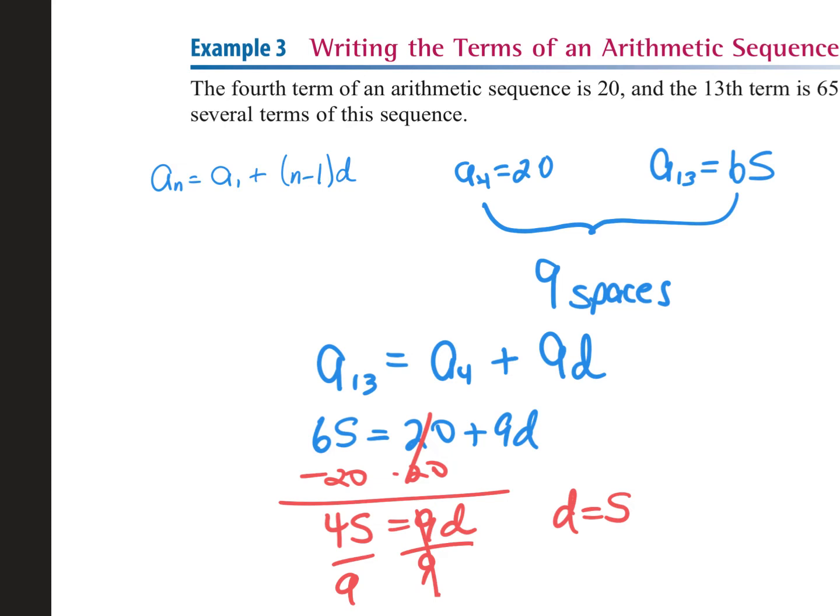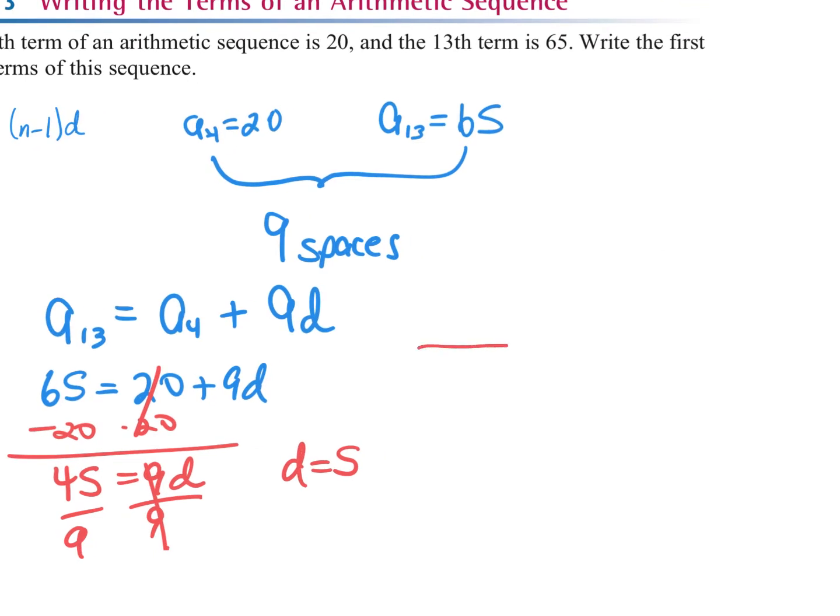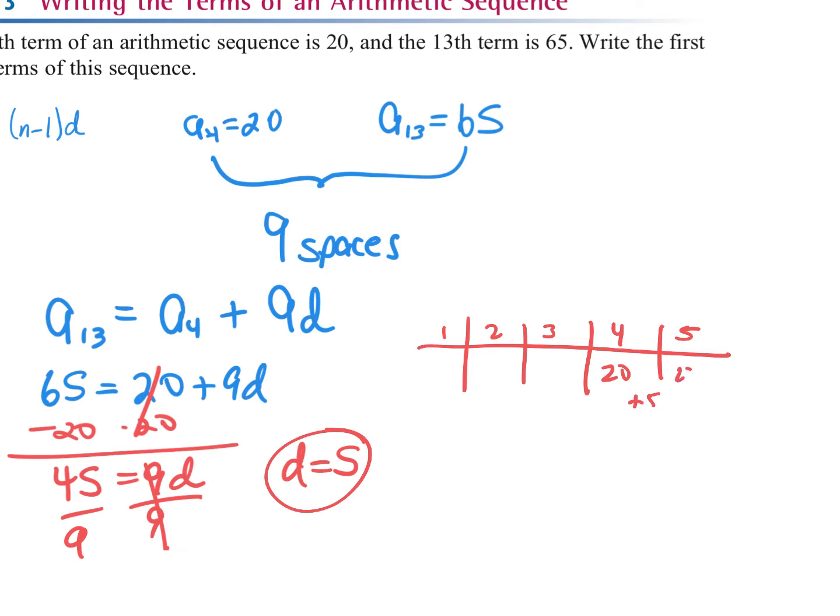Do I know yet what my first term is? No. So let's think about this. I know that my fourth term is 20, correct? In order to write my rule, I need to know my common difference, and I need to know what term? The first one. So if I know to get to the 5th term, I'd add 5, and this would give me 25.